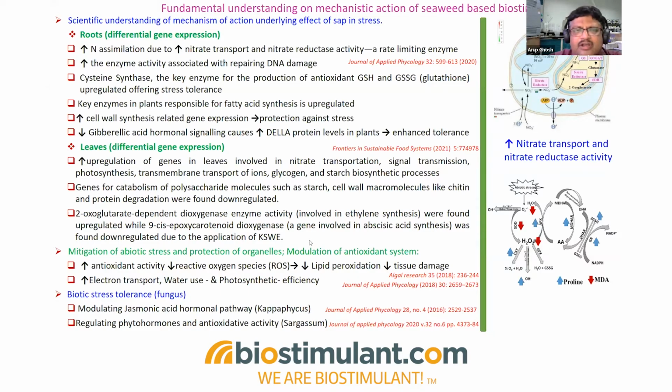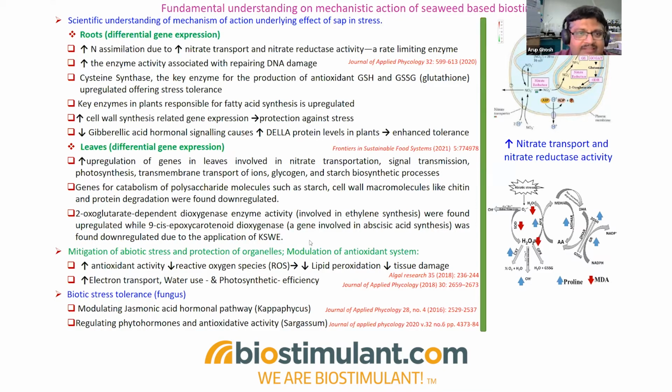And we found there were several genes in different pathways that were positively modulated. Genes related to nitrogen assimilation were overexpressed. Genes related to nitrate transport were overexpressed. There were certain enzymes associated with DNA damage that were also upregulated.